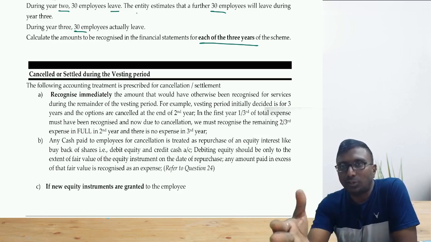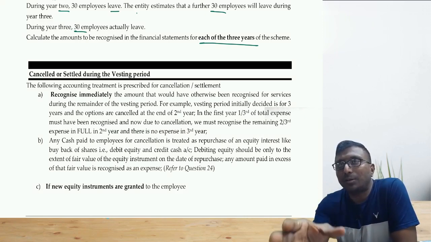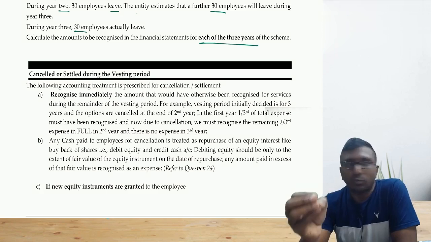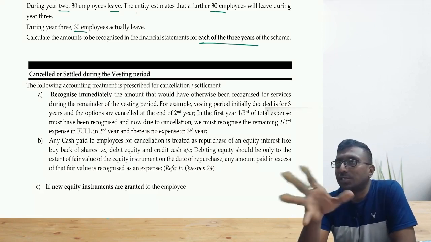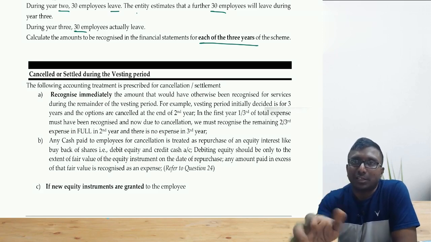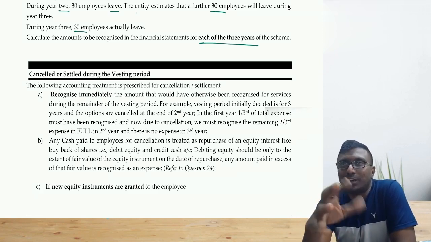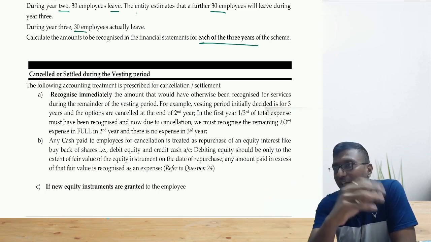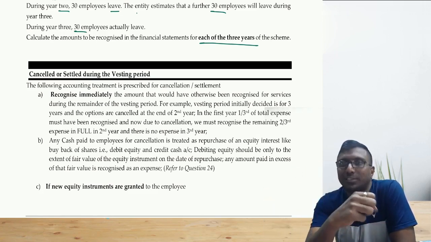I gave you a right, or I said I'll give you the shares or share options once you satisfy the conditions. Now when I cancel it, I will not give you. This should be treated as a buyback of the right.